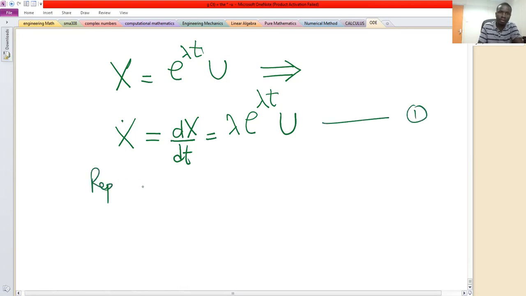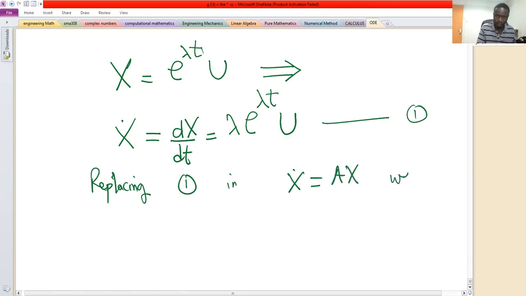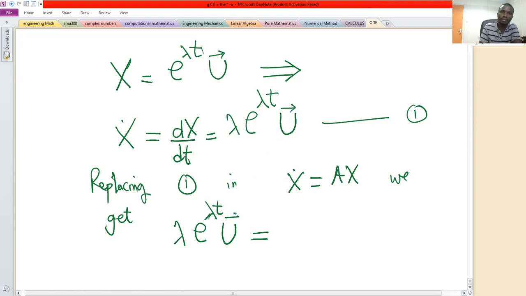So replacing one in this differential equation, we get x dot is lambda e raised power lambda t times u, which equals, remember we can put this to show that these are vectors, A x, but x itself is e raised power lambda t times u.